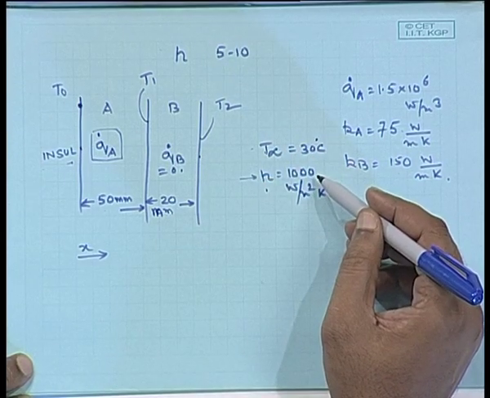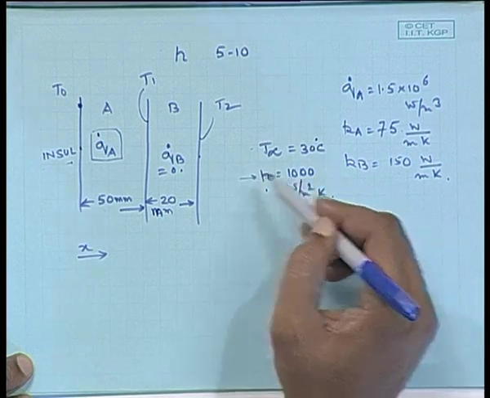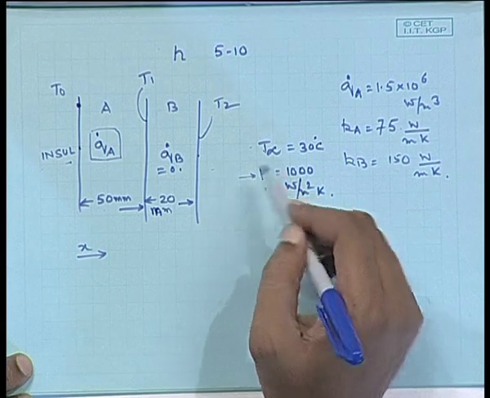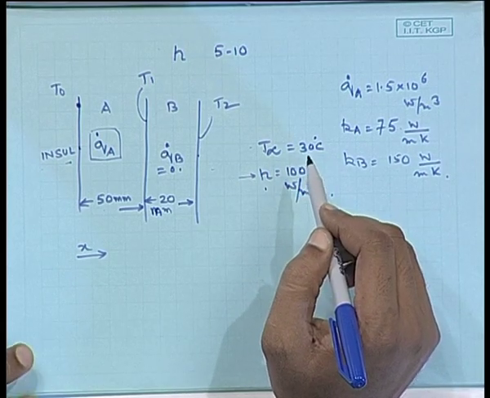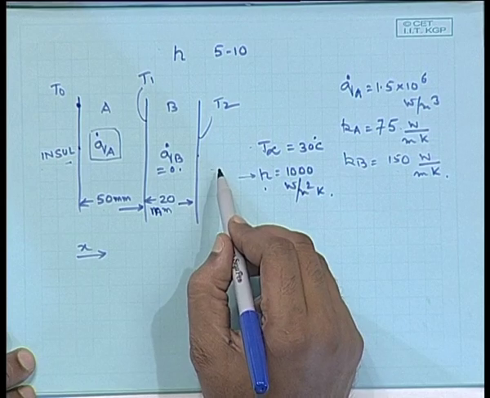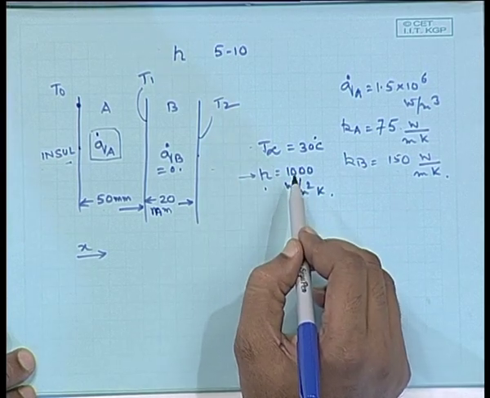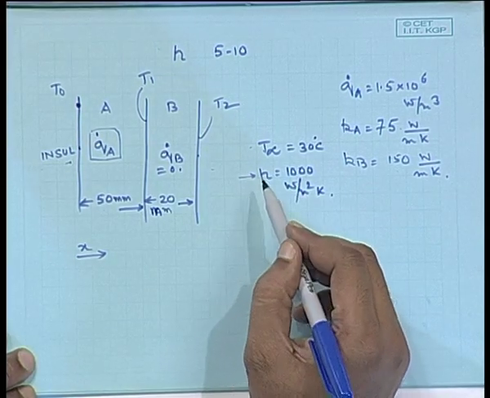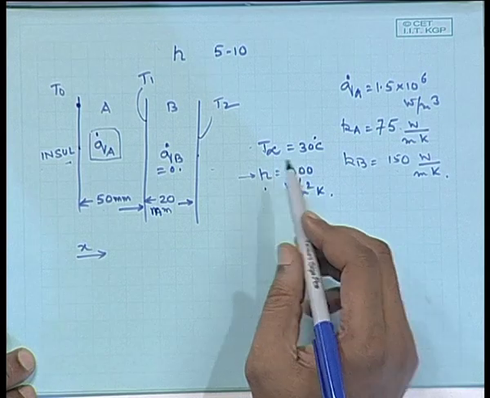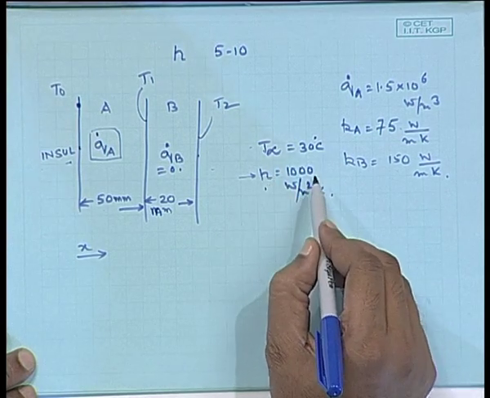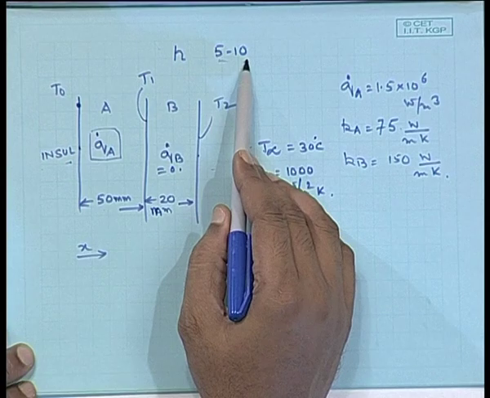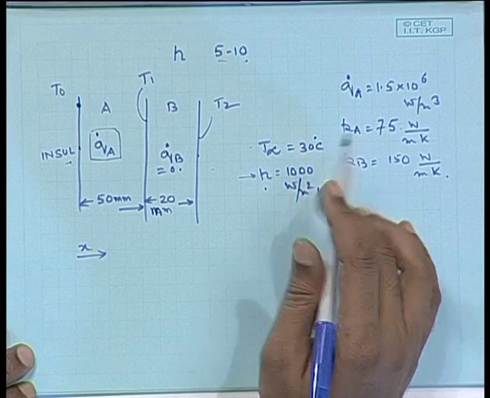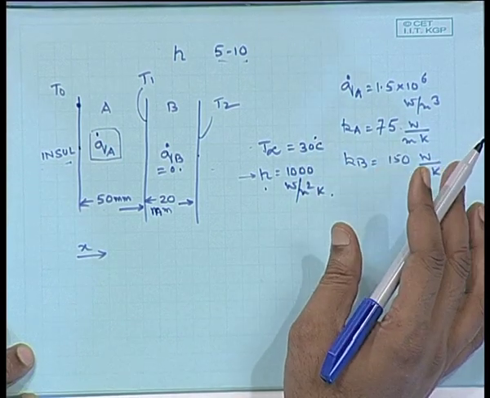A range of h equal to 1000 would probably tell you that it is in contact with a liquid and turbulent conditions are being maintained, mild turbulent conditions. This value of h could be even higher as well. As you increase the turbulence, the value of h will increase, but whenever you say 10, you know that it is natural convection with air. Whenever it is 1000, it is probably liquid with turbulent condition.